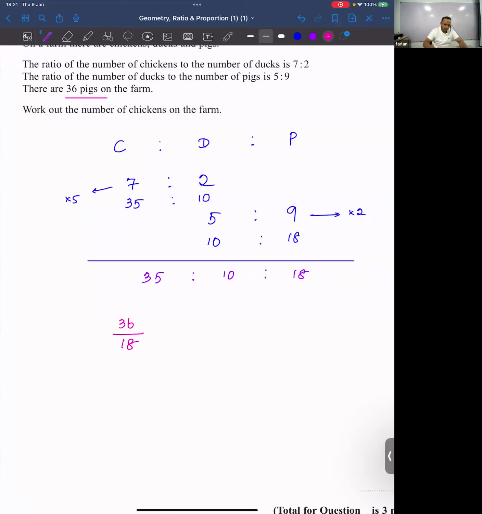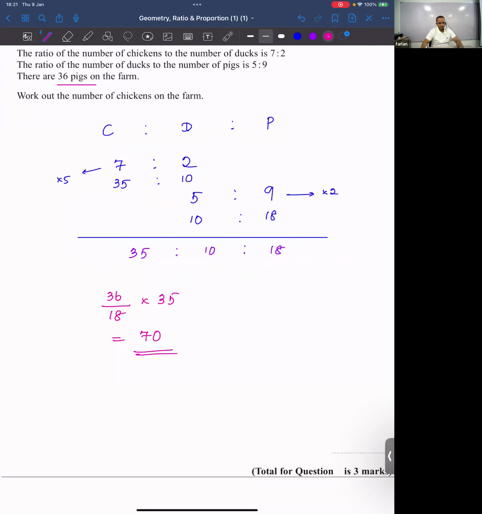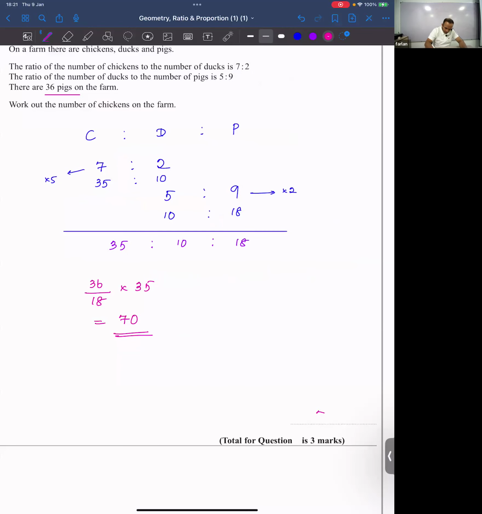Then the chickens is 35 portions, so you multiply that by 35. Understood? So 36 divided by 18 multiplied by 35 is 70. There are 70 chickens. Understood? Exactly.